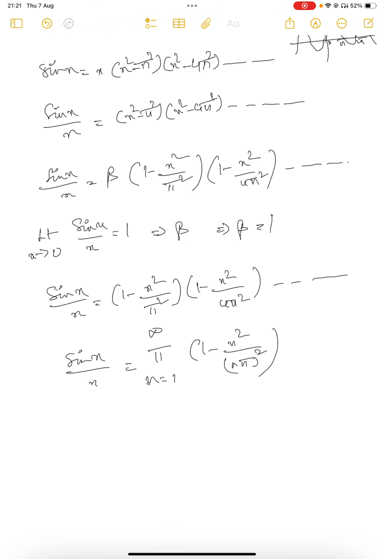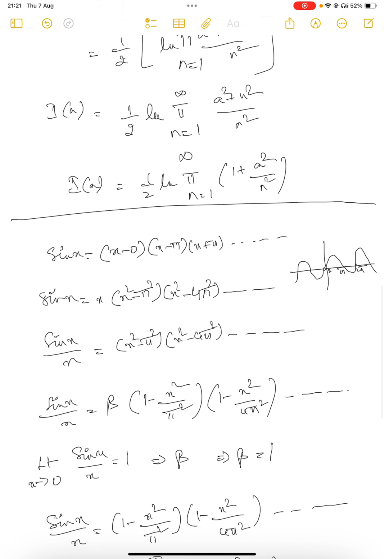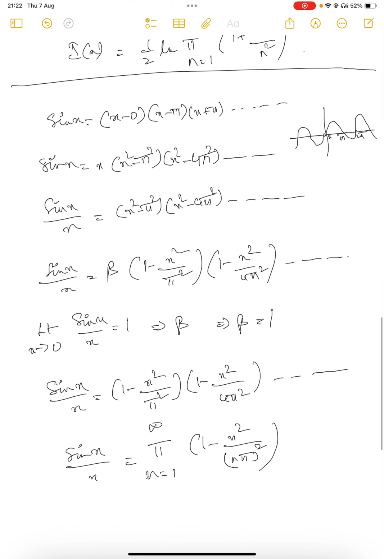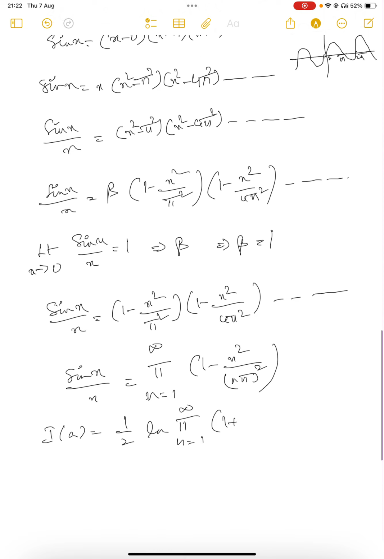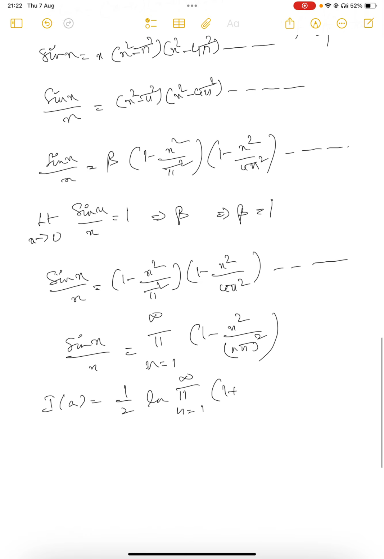What is our equation? Our equation is half of, sorry, let's evaluate only the product terms. Product n equal to 1 to infinity 1 plus a square by n square. Let's write it down here first so that it will be easier. Half ln of product n equal to 1 to infinity 1 plus a square by n square. Right?